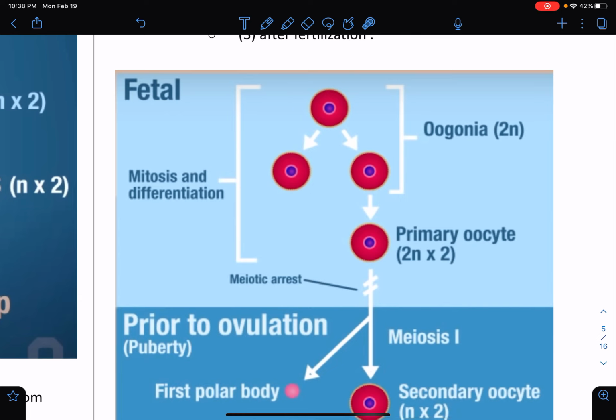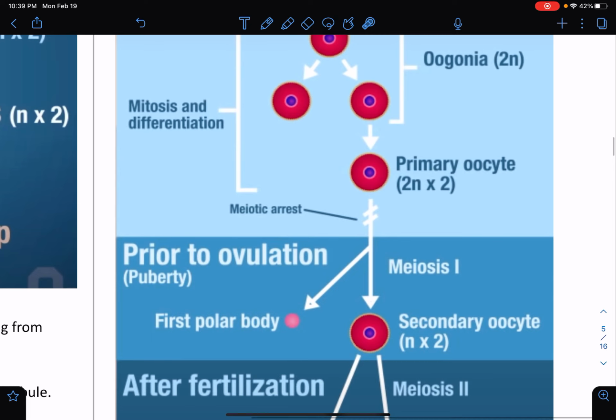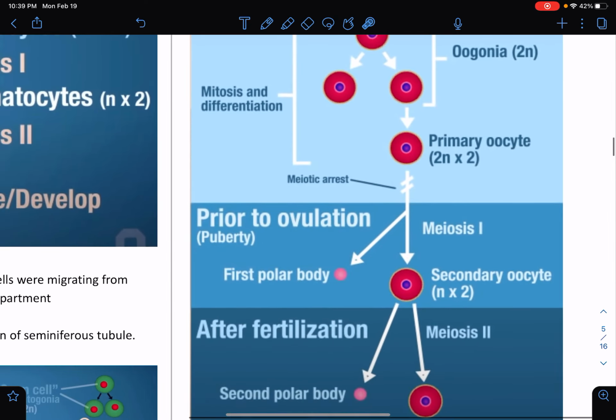So oogonia, which is diploid, undergoes mitosis and differentiation. There's a reason why this one doesn't continue. Only one remains and it continues. So we have the primary oocyte, and meiotic arrest happens, and it undergoes meiosis 1.